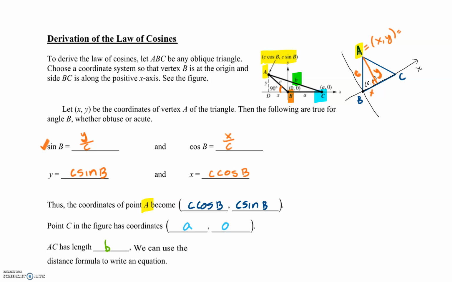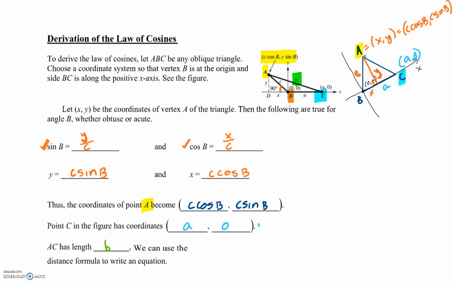Sine of B was y over c, and cosine of B was x over c. So we still can multiply c by both sides, get that second line, and that is still c cosine of B, c sine of B. And this point right here for C in blue, this value along the x-axis is across from A, so we know that that is still a, and that point C is a comma 0.